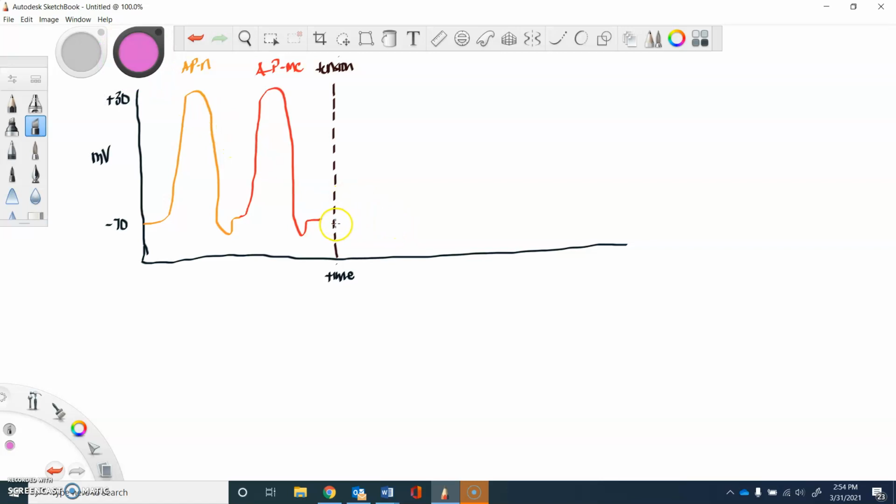Here's the muscle cell, and remember that the muscle cell is going to enter three different phases. It'll enter a latent phase, and then it will contract, and then it will start to relax until it's back to resting. So this is a muscle twitch.